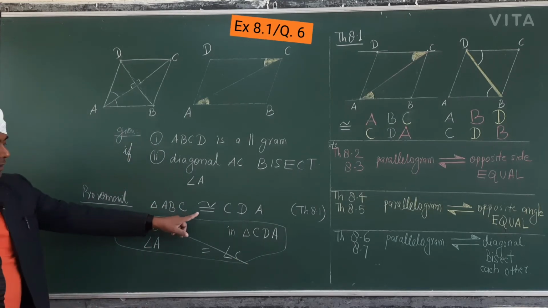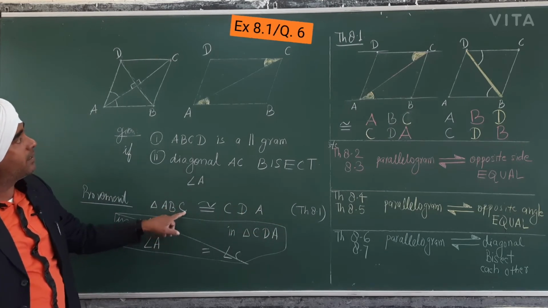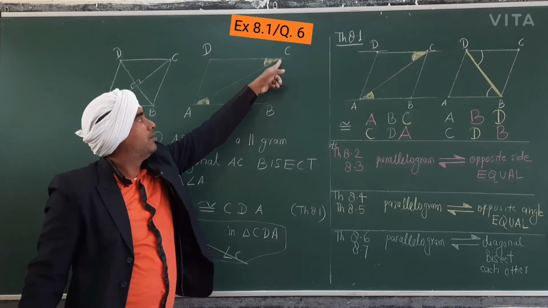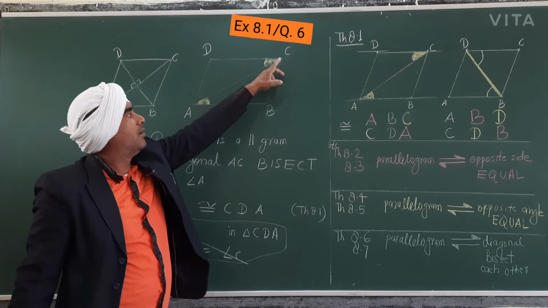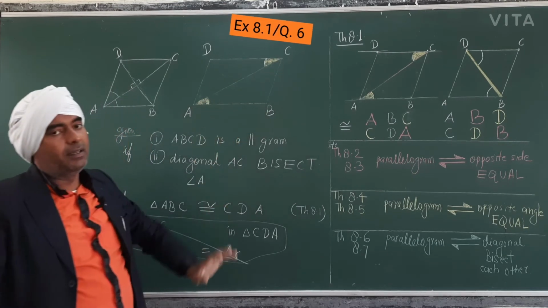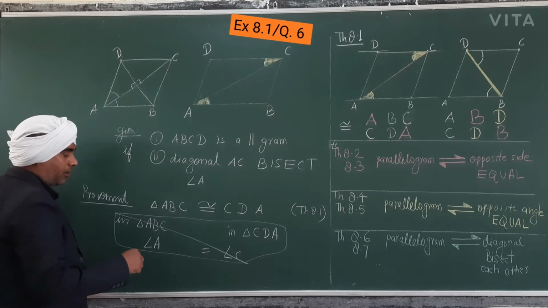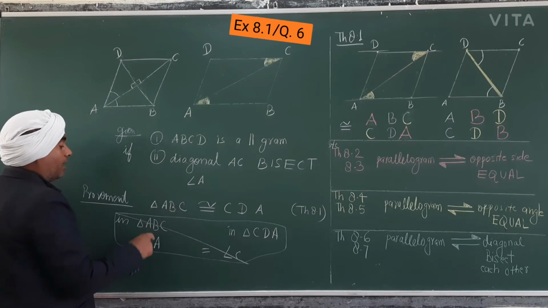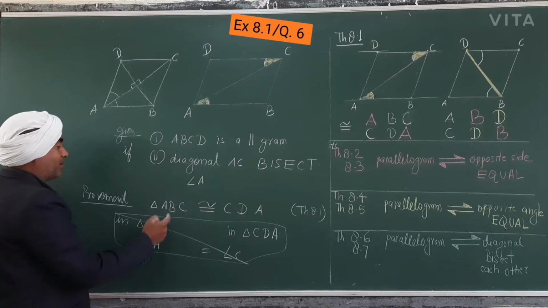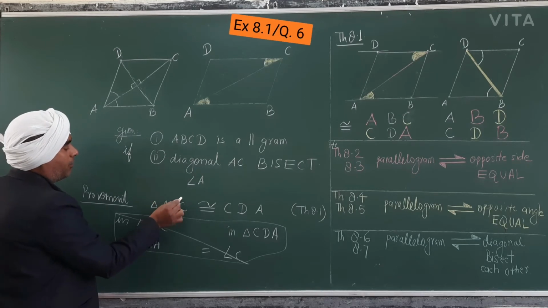Theorem 8.1. So in ABC, you will write angle A in what? BAC or CAB. Anyhow you can write angle A, but it is not right to write just angle A. So 3 terms. For your understanding it is correct, but for your writing it is not correct. How will you take it?